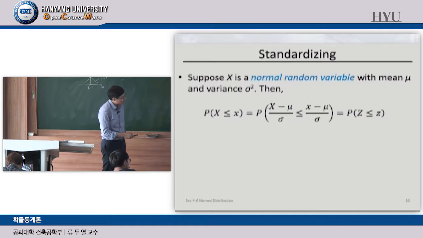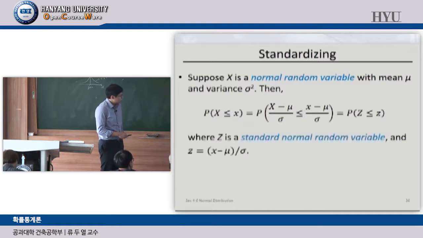That is equal to the probability that Z, the standard normal random variable, is smaller than or equal to small z, where small z can be expressed as (x minus mu) over sigma.